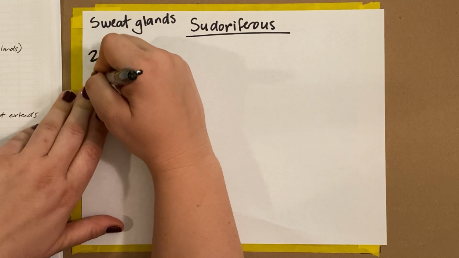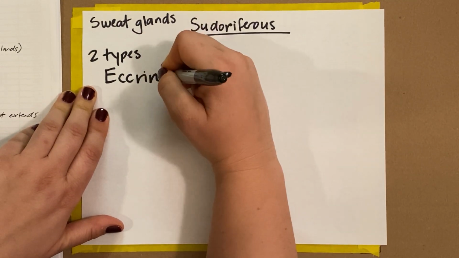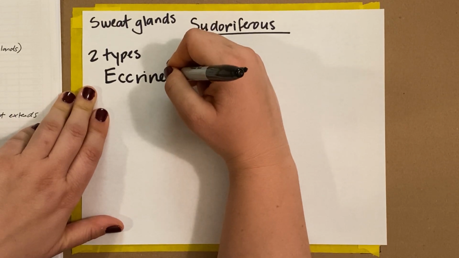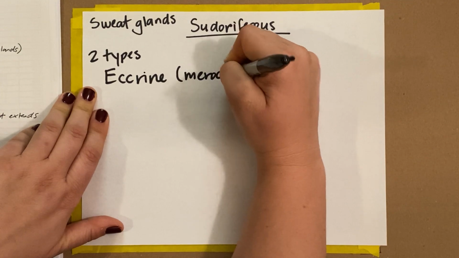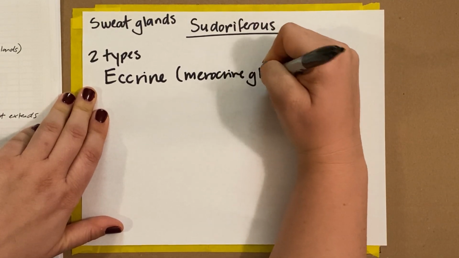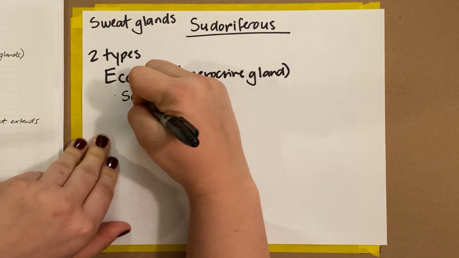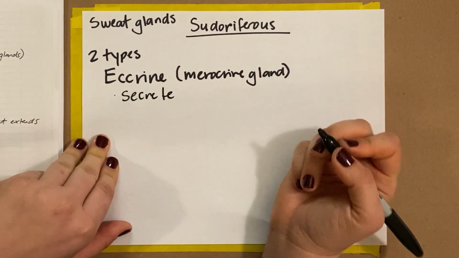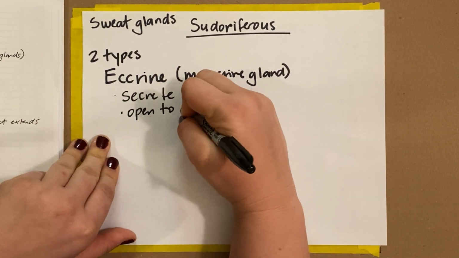We have one called eccrine. Okay, and so these are sweat glands. They are considered a merocrine gland. When we talked about glands earlier, they secrete. They are going to be open to the skin surface.